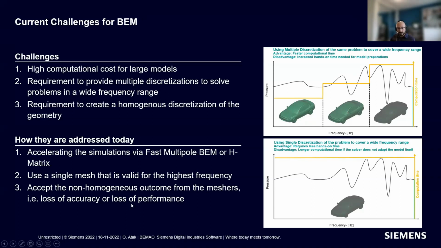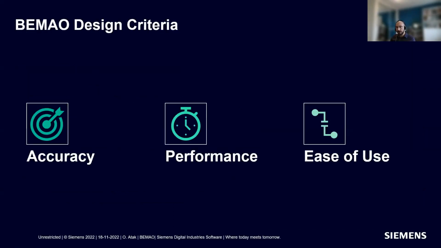And in terms of the non-homogeneous quality of the meshes, they are not extreme, but typically you either over-discretize, so that all of your elements follow the six elements per wavelength criterion for linear elements, or you say some of them are violating it, but you accept a bit of loss of accuracy. So this is, as we see it, the current situation with BEM.